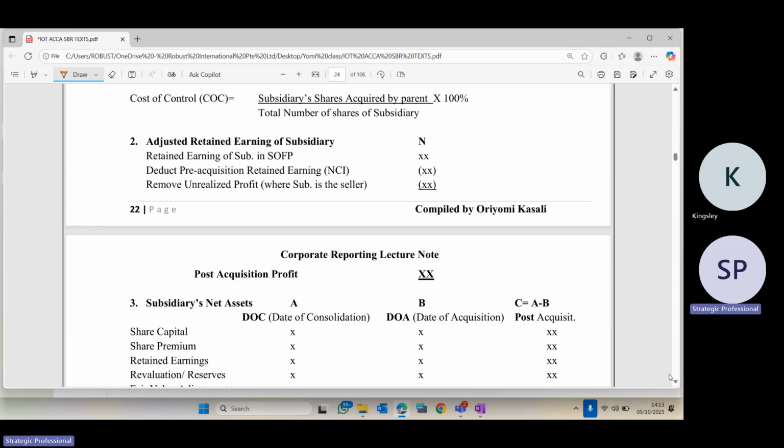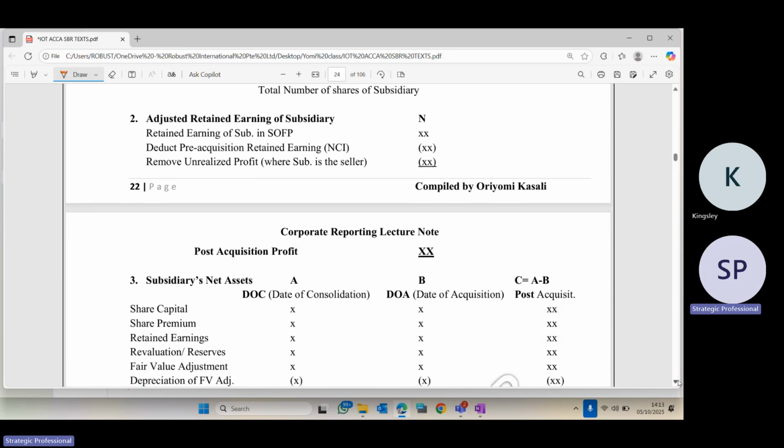After that, we shall be moving to the subsidiary's net assets. The subsidiary's net assets include DOC, DOA, and the post-acquisition.